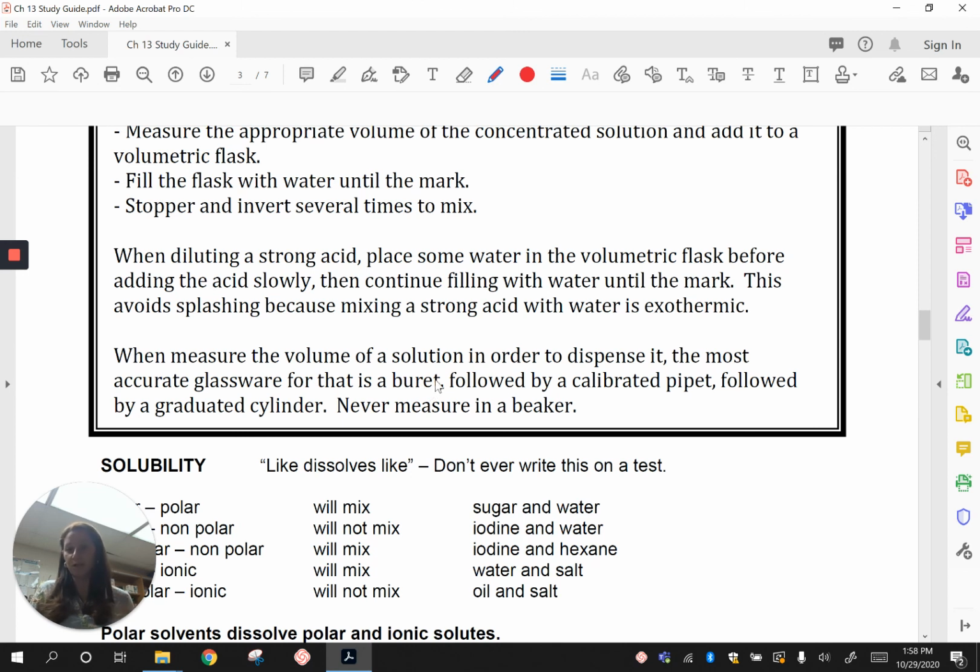That would be the most precise, followed by a calibrated pipette, like those glass graduated pipettes, followed by a graduated cylinder. We obviously never ever measure in a beaker. So if you're given a choice between all the glassware, you probably want to use either a burette or a calibrated pipette. You can also call it a graduated pipette. Those both work. You don't want to use a graduated cylinder unless that's the only glassware that you have.